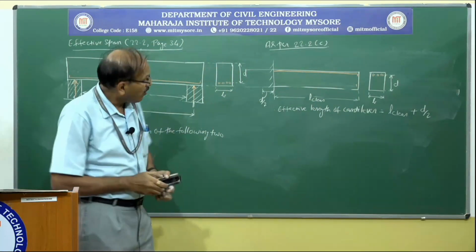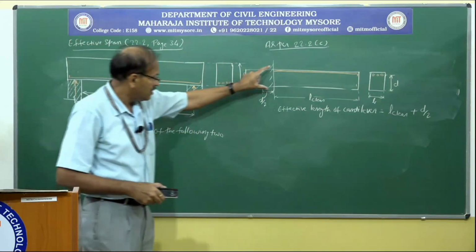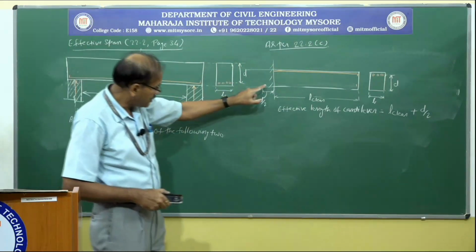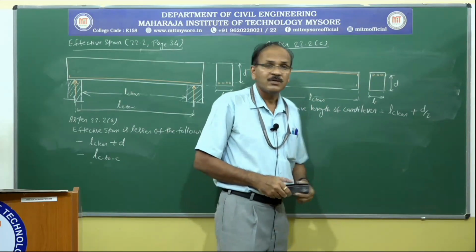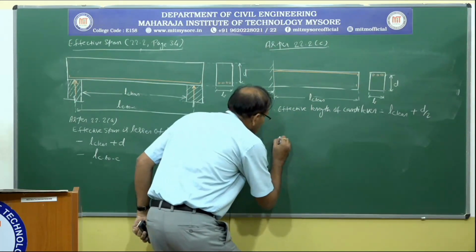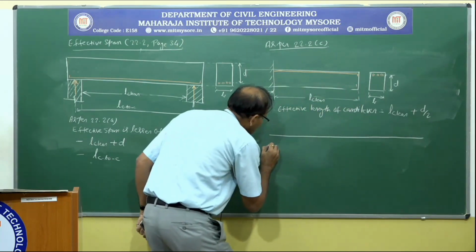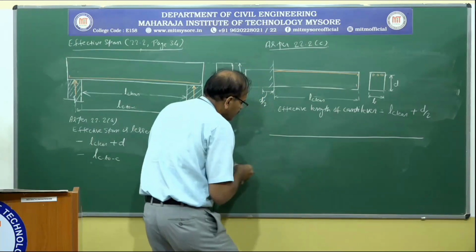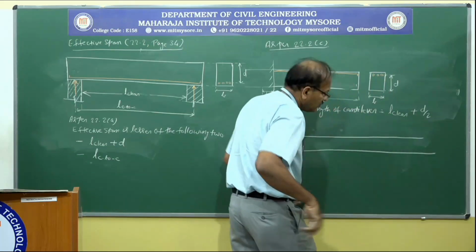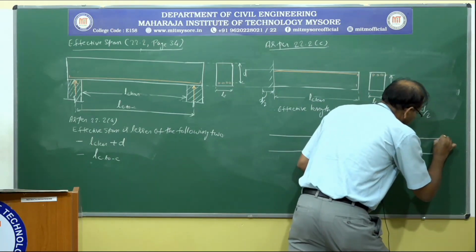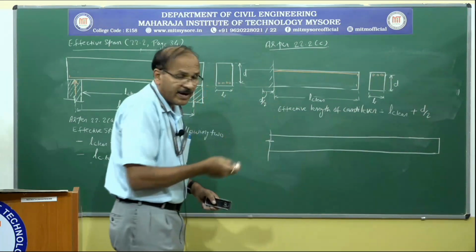So what if this beam is continuous? That is, the beam is continuous, sitting on a support, and there is going to be a cantilever. If I consider a beam like this, it's a long continuous beam. It continues further back.